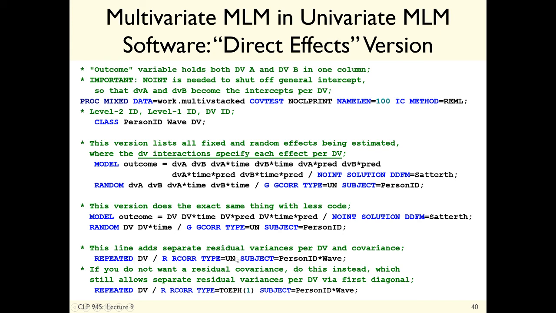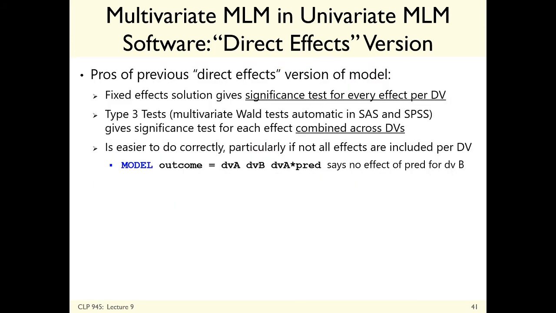And type equals UN. That's different than what you've seen previously too. Typically it's type equals VC. We switch to UN so that each outcome gets its own residual variance, and we get a covariance between the residuals for the same occasion between DVs.